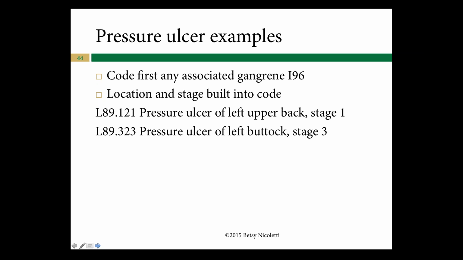L89.323, pressure ulcer of the left buttock, stage 3. When it says left upper back, you know you're going to have a code for left lower back, not to mention the right side as well. And these would be codes that you would assign for as many ulcers as the patient has, just like in ICD-9.